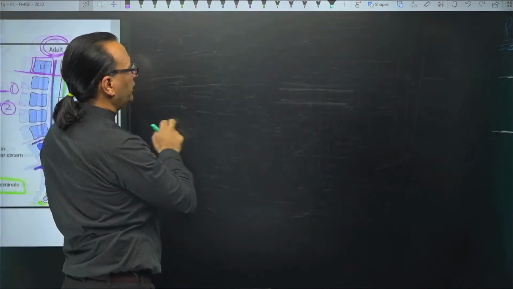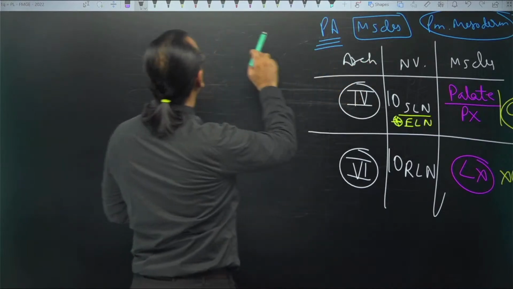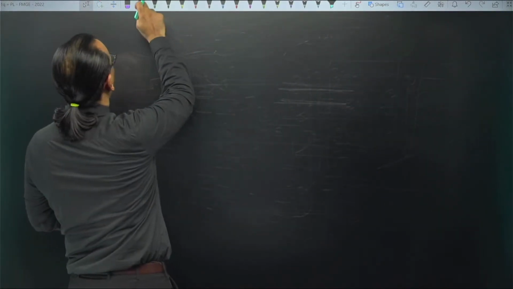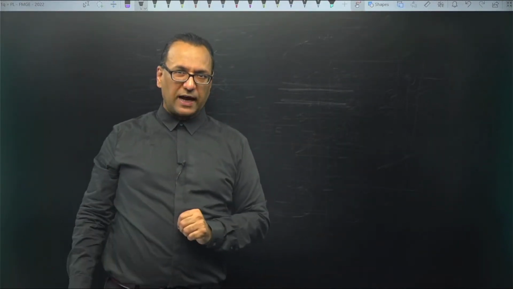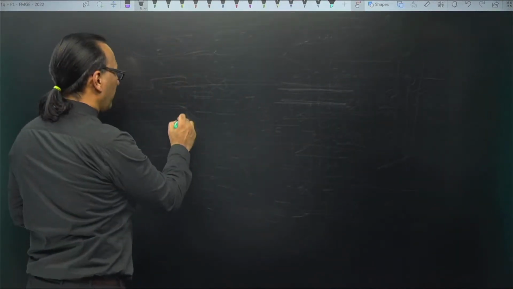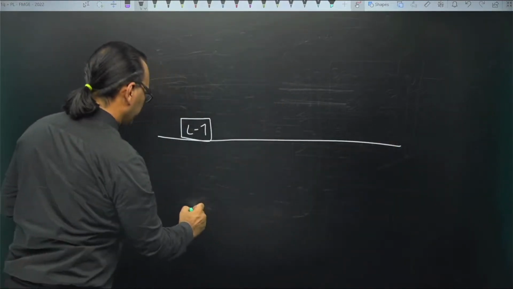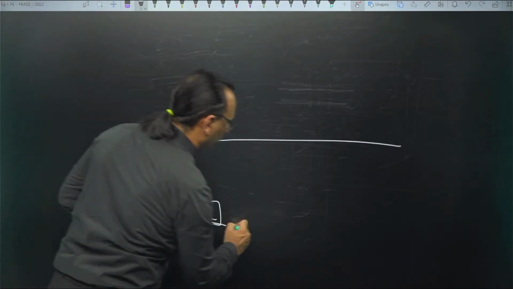As we talk about this all, remember the important landmarks. Let me take some open space here. One of the landmarks is L1 vertebra lower border. And what is the other landmark? It is S2 vertebra lower border.